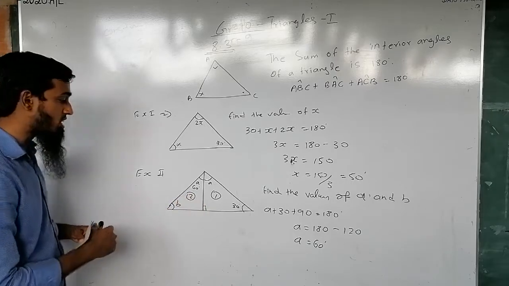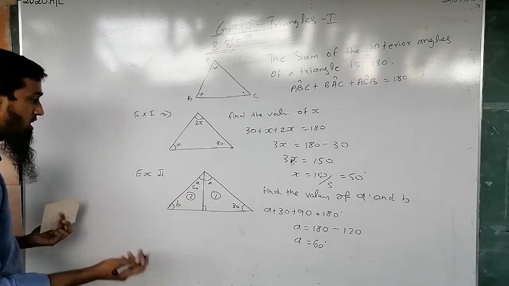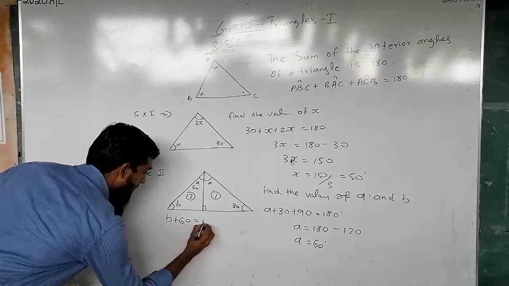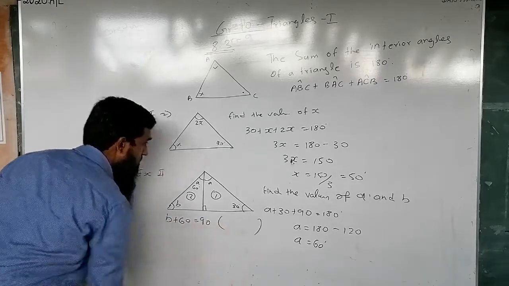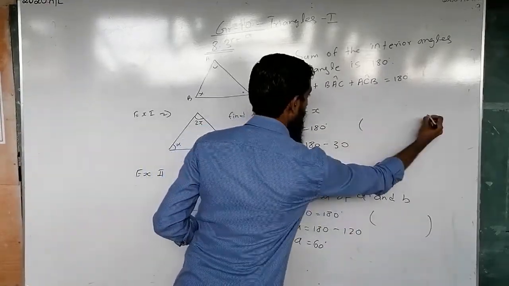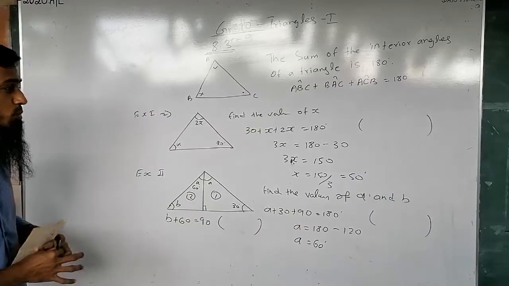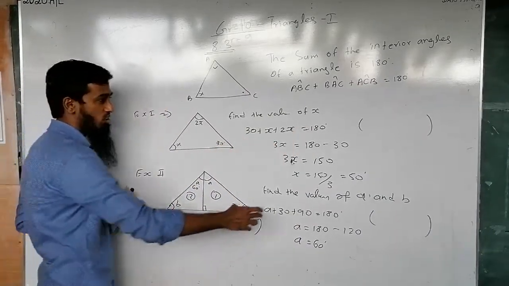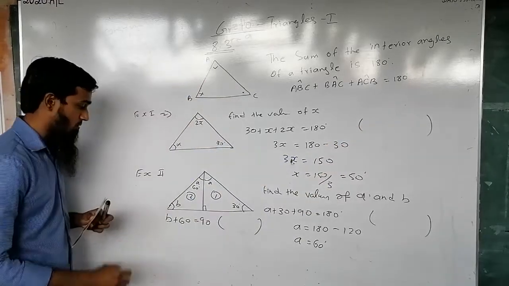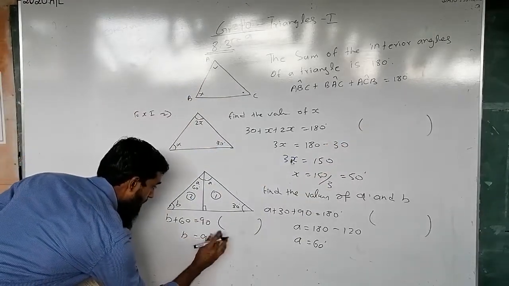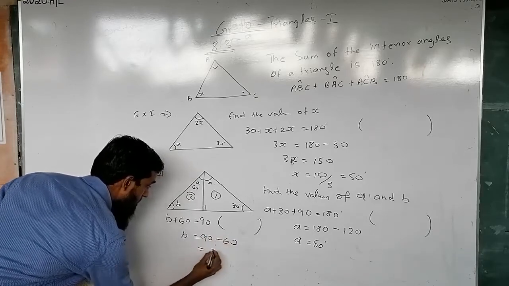So using the exterior angle theorem, B plus 60 equals 90. Always you want to write the reason: how did you pick this equation, how did you construct this equation? You need to mention the theorem here. So B equals 90 minus 60, that is 30.